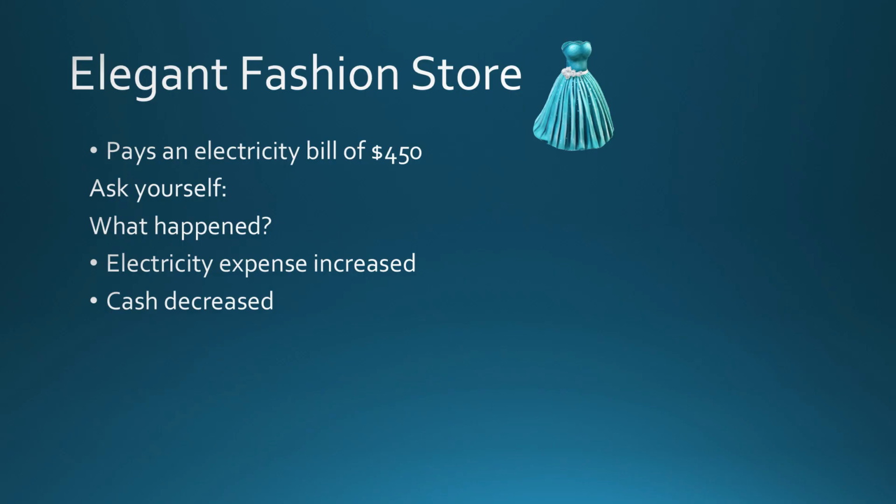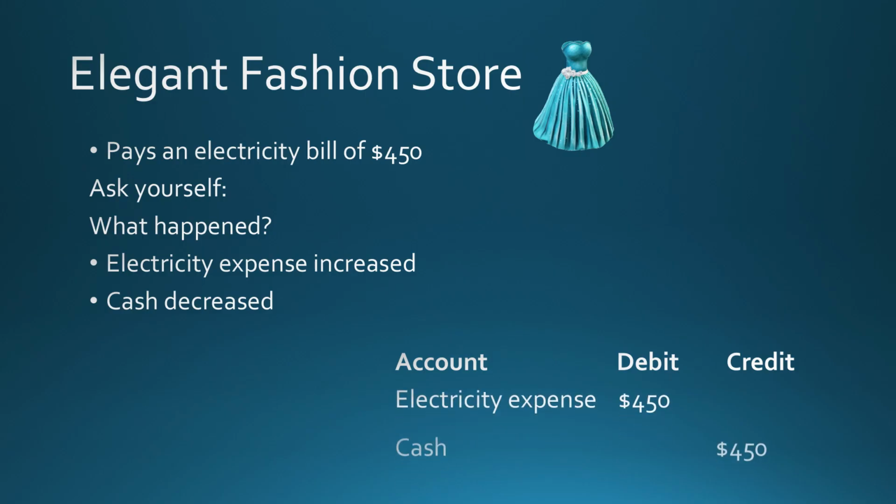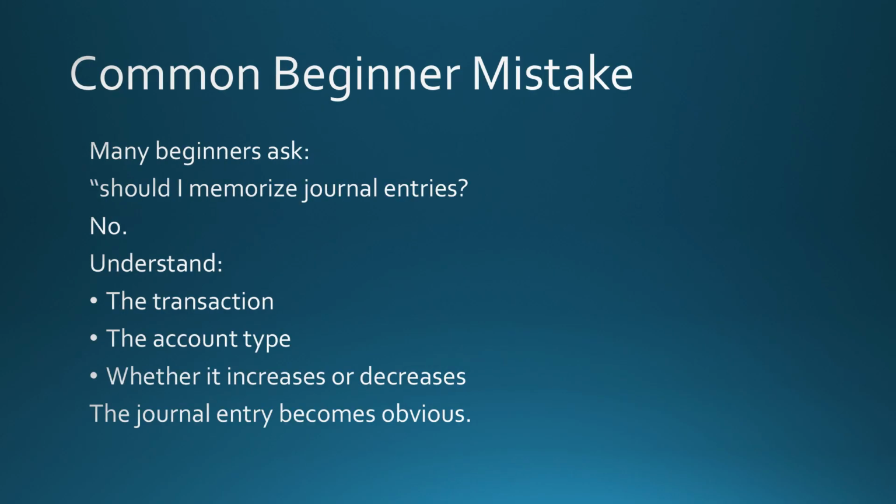Remember we said expenses increase on the debit side and cash increases on the debit side. But since cash is reducing, it will be recorded on the credit side. So from this, we establish that for an account that increases on the debit side, whatever reduces the amount in that account will be recorded on the credit side of that account.